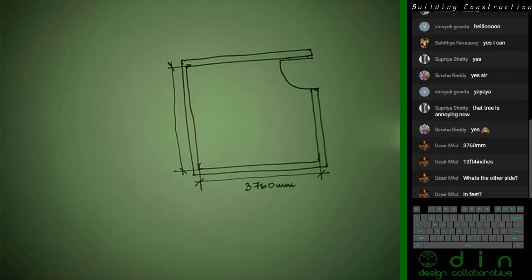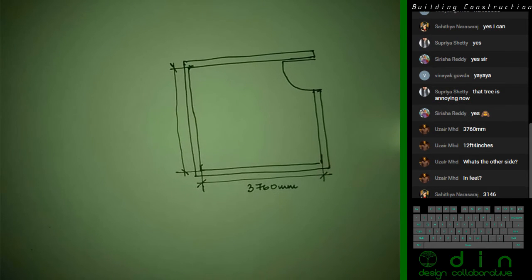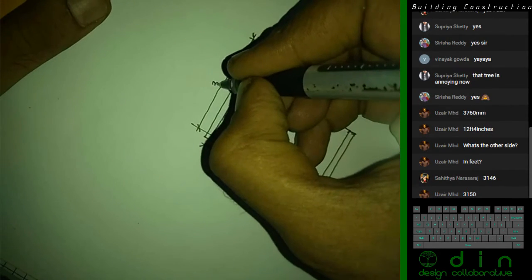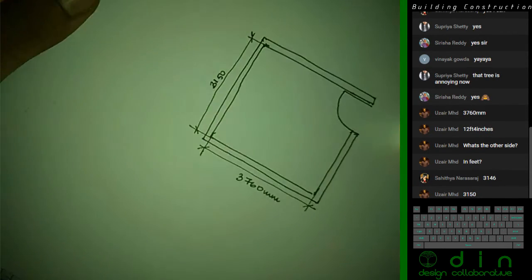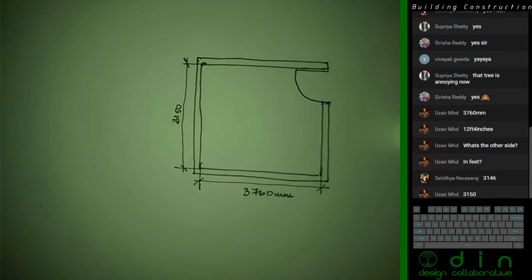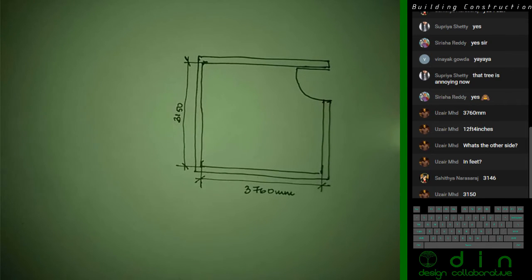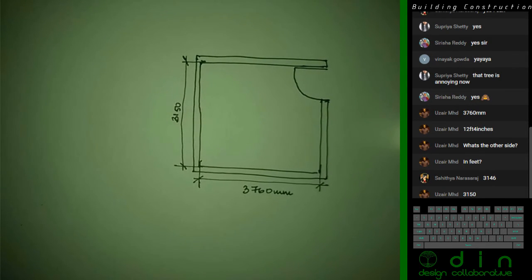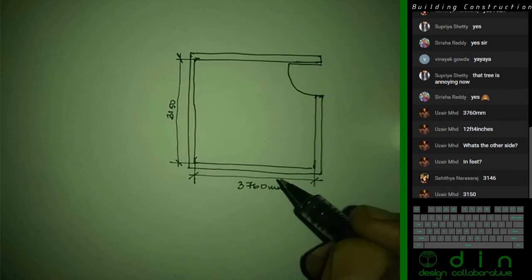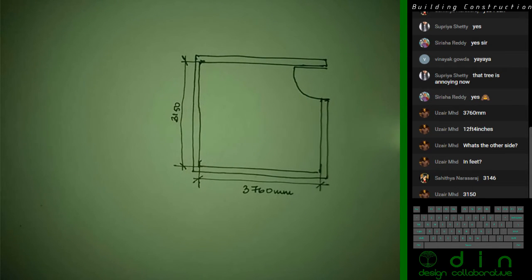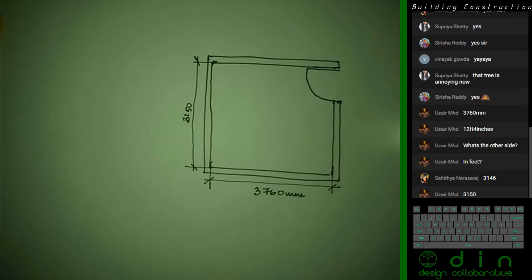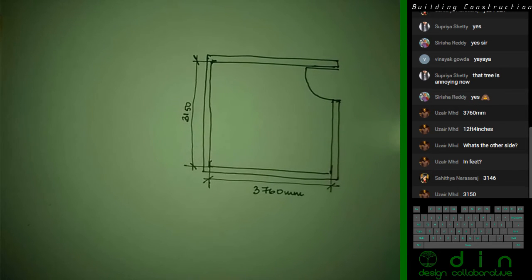And this one is 3146. Okay, let's say 3150. Easy calculation. 3860. You people really need to decide. Okay, I'm going to correct it in a second if it so exists. But yeah, let's start listing out all the things that have to be in a kitchen, please. Let's see what you people can come up with.